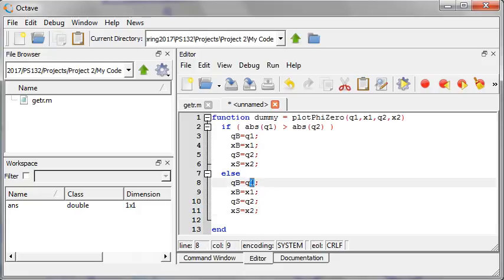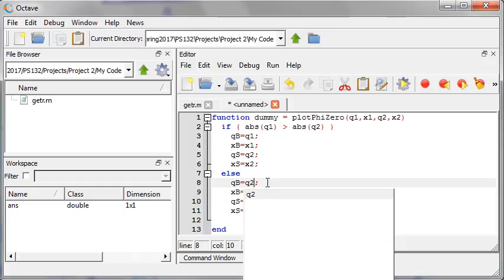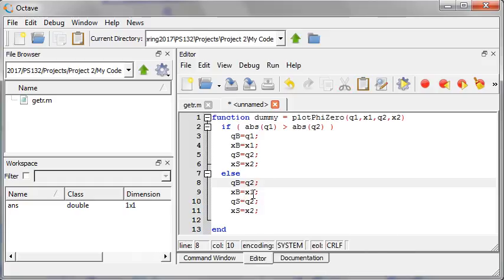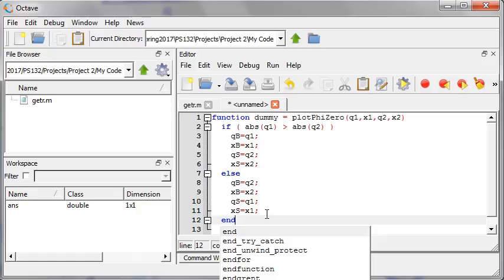So that'll be 2, 2, 1, 1. And then that's the end of the if-else statement.